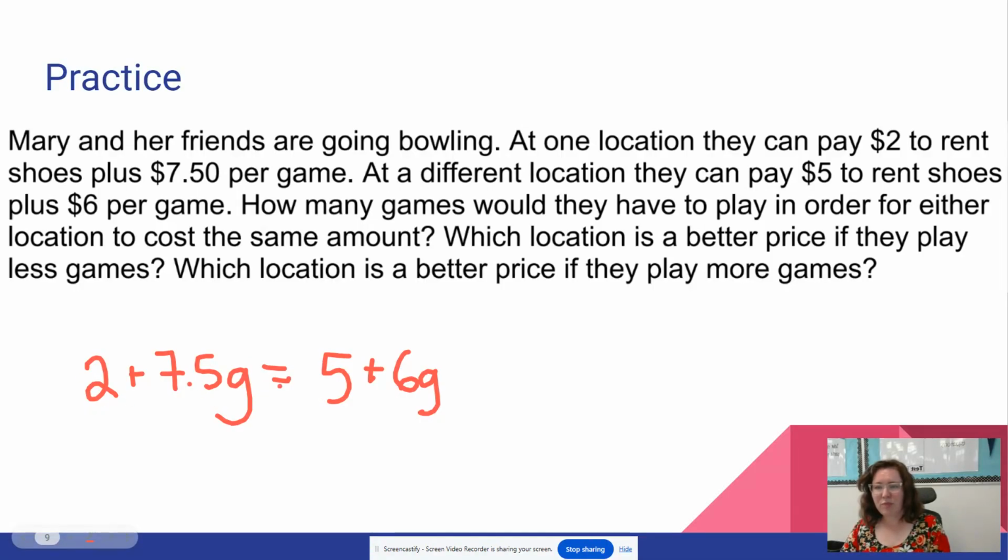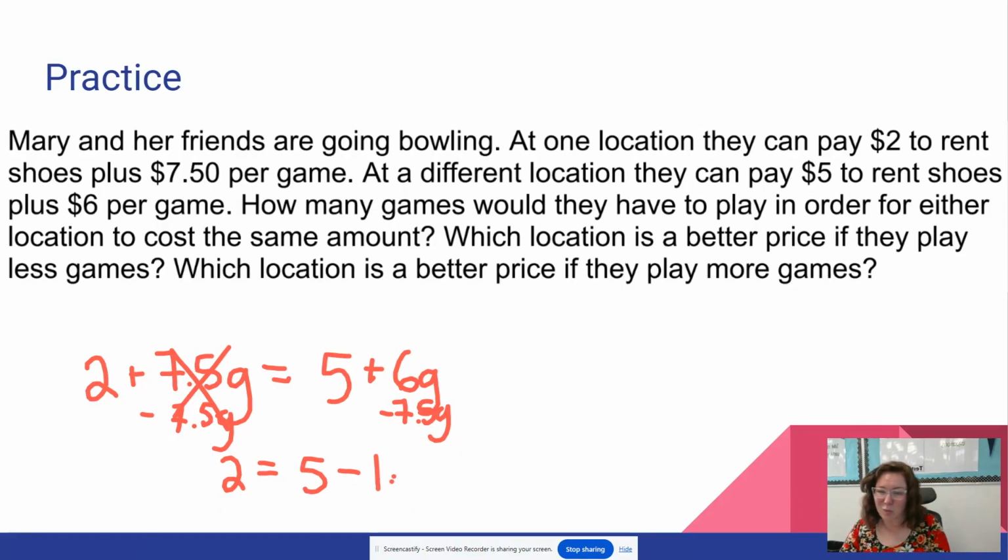So, there's G on both sides. We can subtract. Oh, well, actually, that's the bigger number. Well, that's okay. It doesn't matter. I would have subtracted the smaller G if I'd really thought that through, but that's okay. Subtract 6G. But subtract 7.5G, we get 2 equals 5 minus 1.5G. That's why I like subtracting the smaller one better, you don't normally get as many negatives.